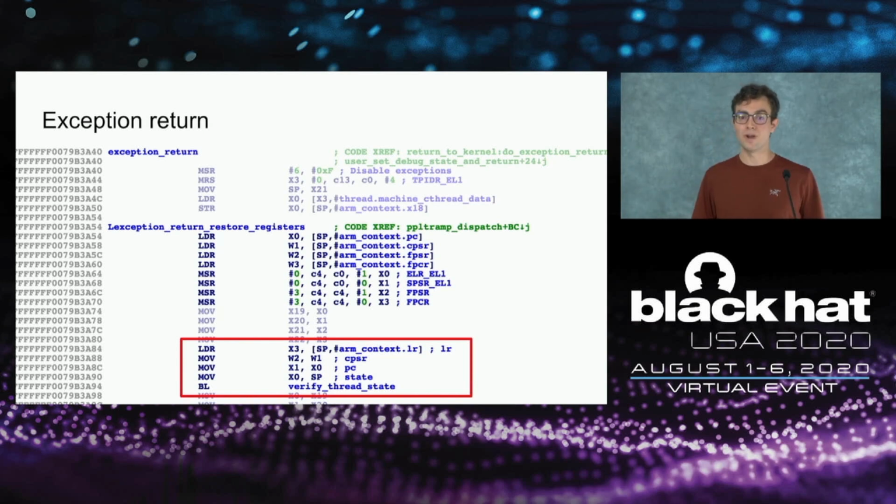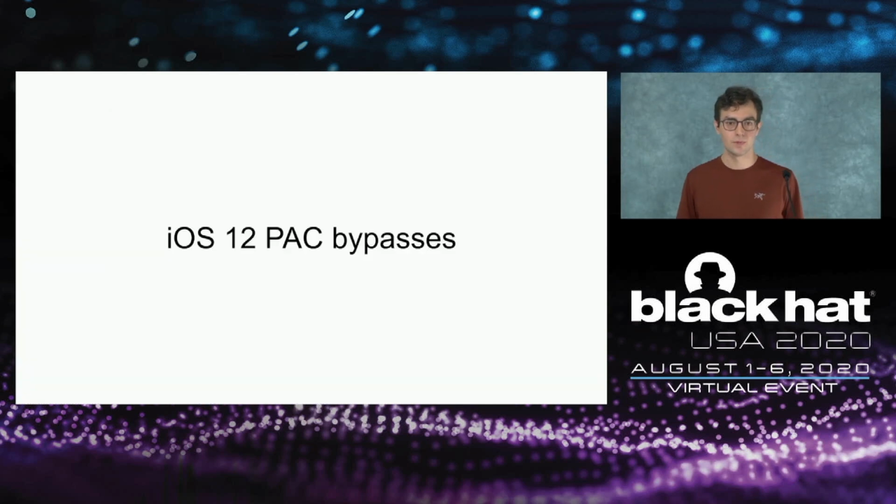You want to ensure that when you do an exception return, PC, CPSR, and LR are indeed protected. They haven't been modified during the execution of the interrupt handler. And so Apple has inserted this call to verify the thread state before executing the exception return instruction.